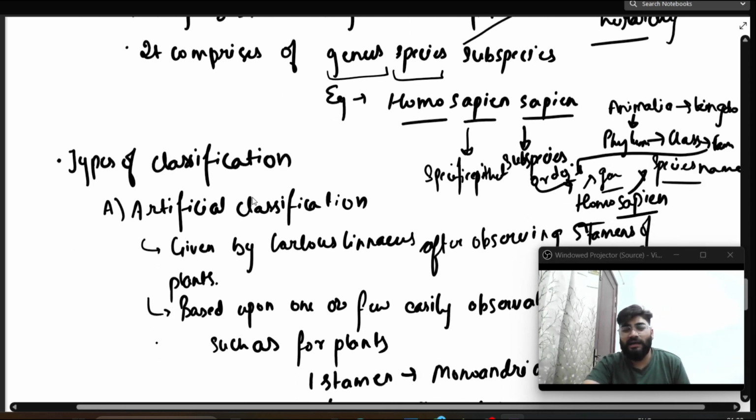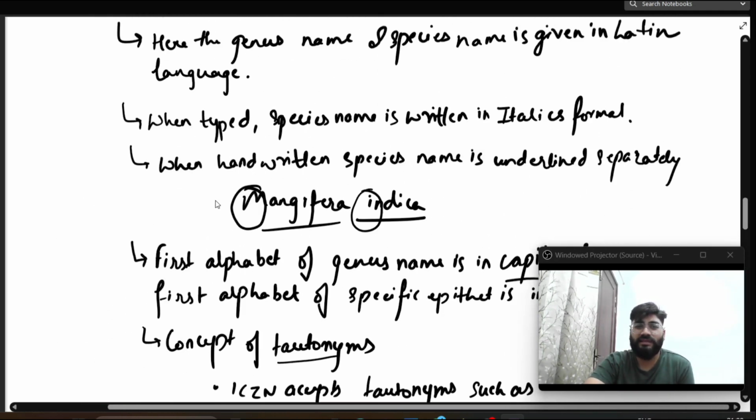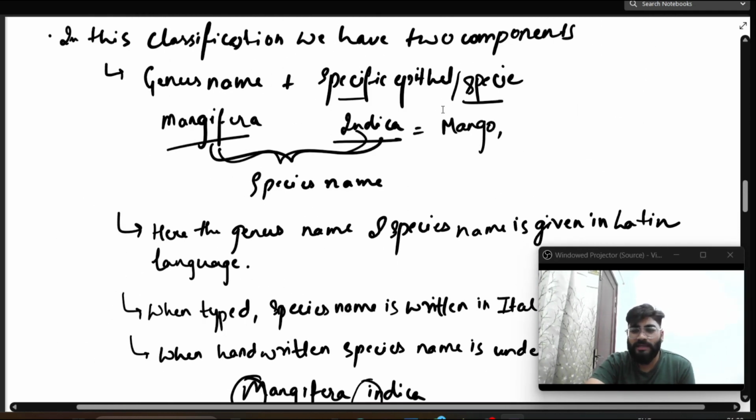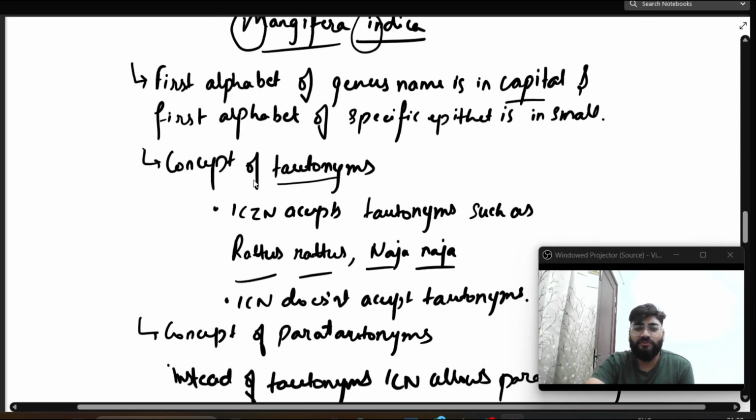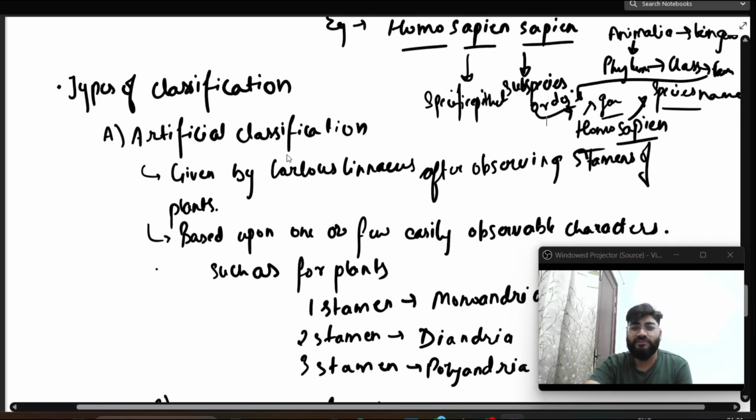What exactly are the different types of classification? Right now we talked about the rules of classification: the first was the binomial nomenclature method and the second was trinomial nomenclature. But how exactly do we classify different organisms, and what characteristics are we going to consider? The first one is artificial classification, which was again given by the famously known Carolus Linnaeus after observing stamens.